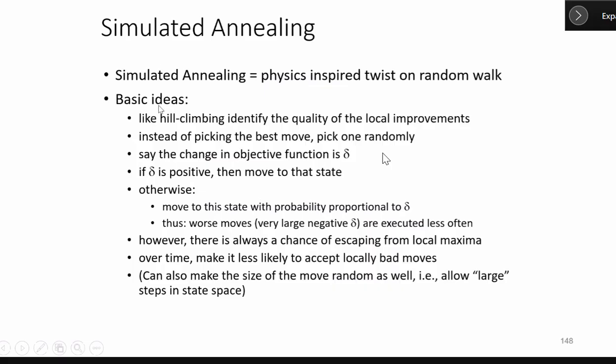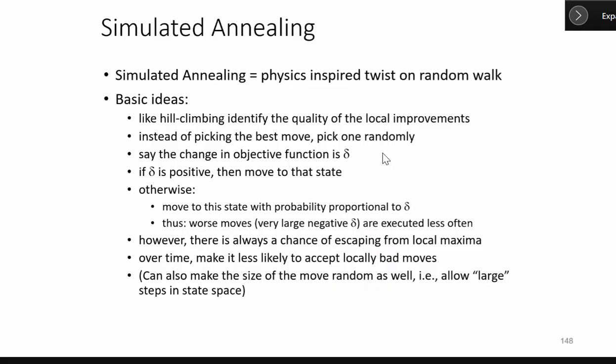The basic idea in simulated annealing is like hill climbing. In annealing also, you identify the quality of local improvements, that is, which state is better than the current state. In hill climbing, we always compare with a neighbor, and if the neighbor state is better than the current state, we make the neighbor the current state.